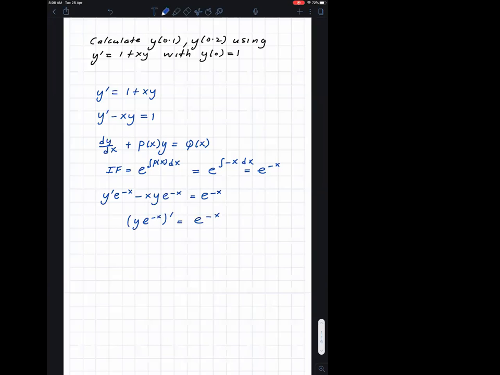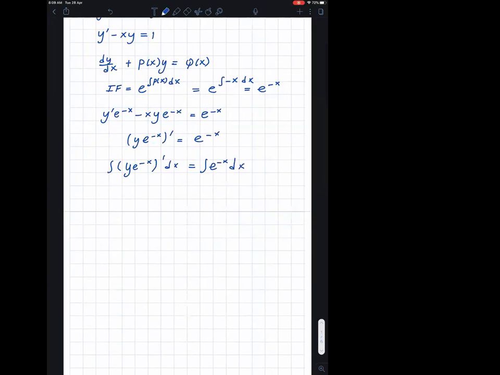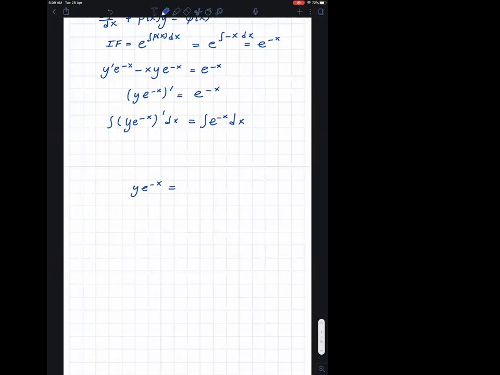Next, if you integrate on both sides, you will get y e to the minus x equals minus e to the minus x plus c, so y equals minus 1 plus c e to the x.